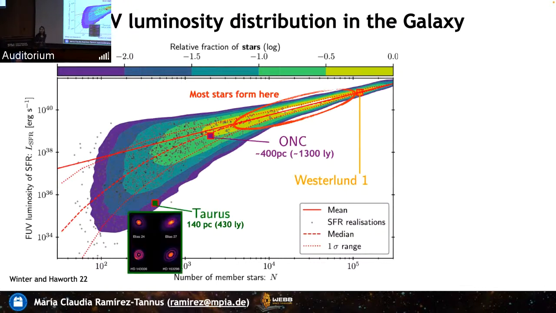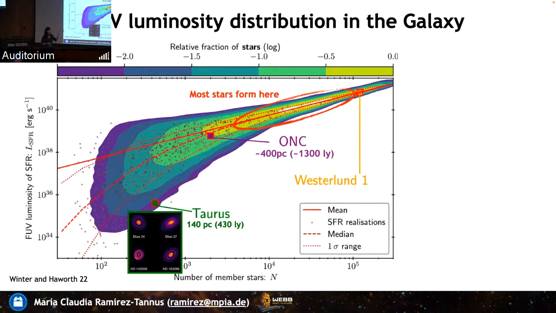Now, these disks that I show you that we use to learn how planets form are mostly located in regions like Taurus, at more or less 100 parsecs, regions that are quite isolated and quite quiet, but we know now that this is not the standard form of star formation. So most planets didn't form in regions like this.